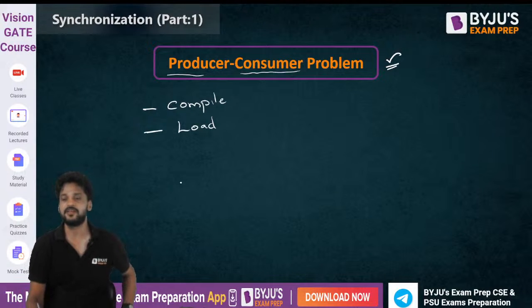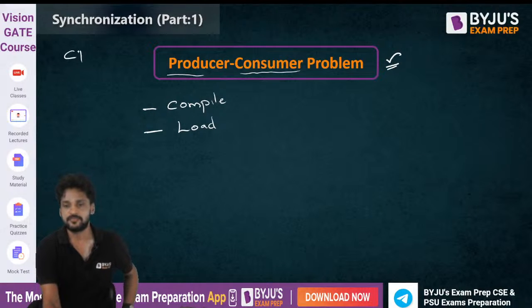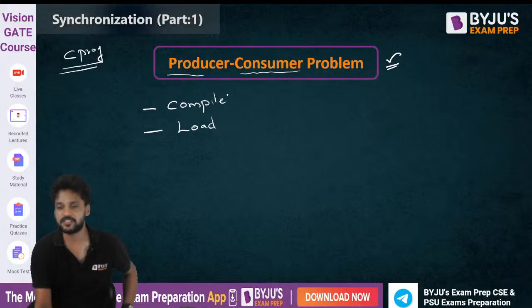Understand carefully. Any C program, right after you write it, first of all, must be compiled. In order to compile, we require a program which is called a compiler. The compiler is the process which is going to compile the C program.